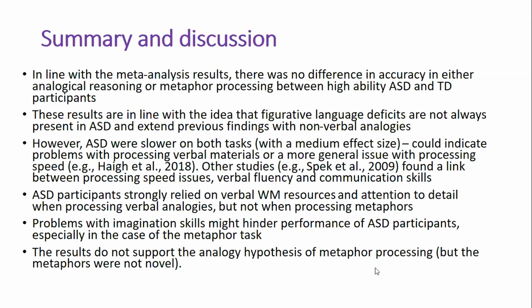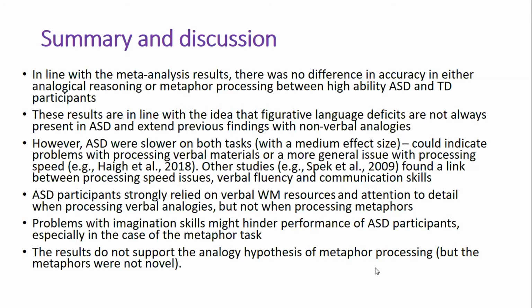And also these findings extend previous findings with nonverbal analogies in autism. So basically we can say that autistic people are not only good at analogical reasoning with nonverbal materials, but they are also quite good at processing verbal analogies.